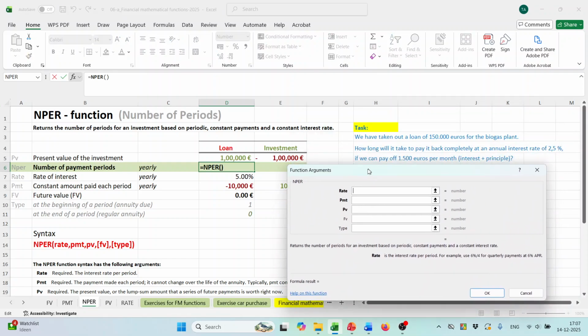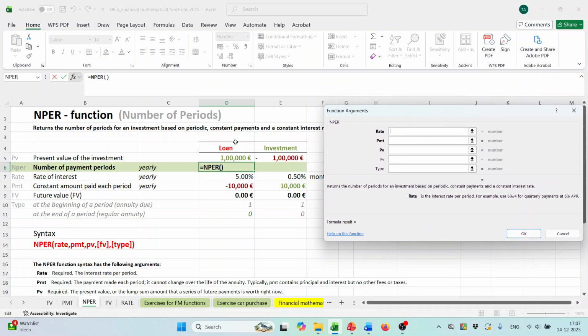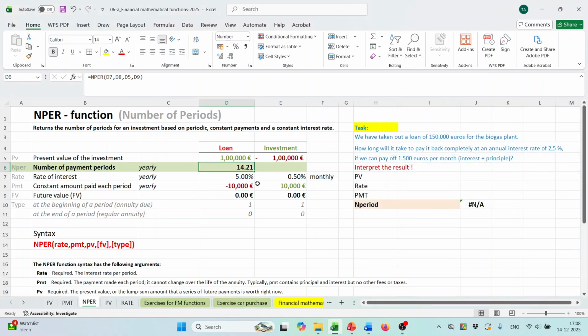Okay, so our rate 5%, payment 10,000 euro, present value 1000, future value 0. Okay, we get that we need 14 years. Copy down the formula, we get it.